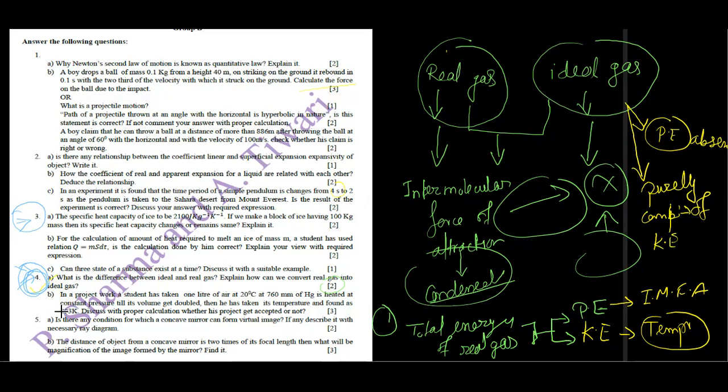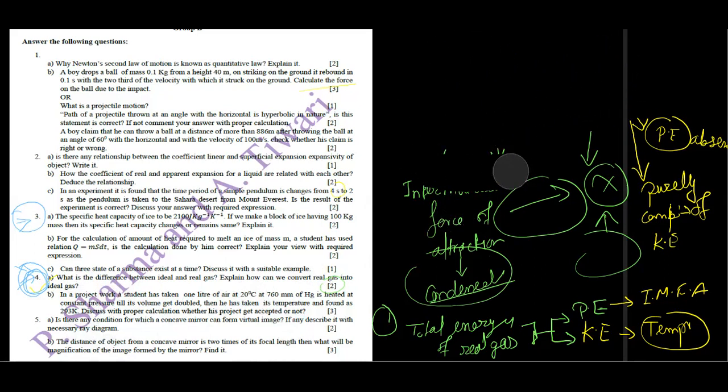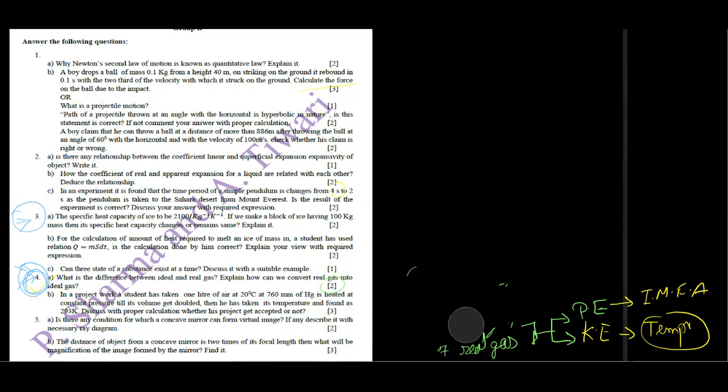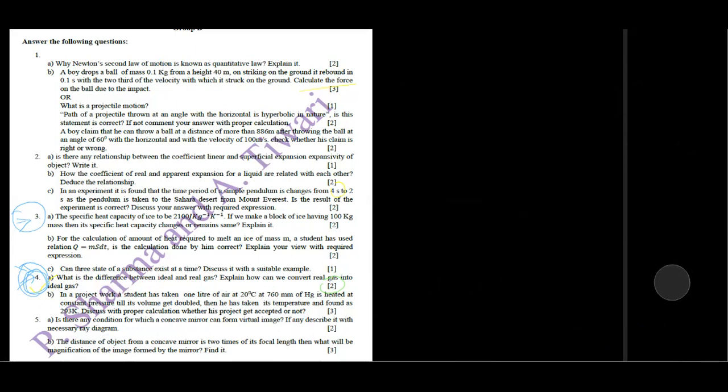Now let us move to question number b. Now we are going to solve question b, and in this question it is given that in a project work a student has taken 1 liter of air, that means volume of air is provided, and the temperature of that air is 20 degrees Celsius, and the atmospheric pressure is 760 mm of Hg.